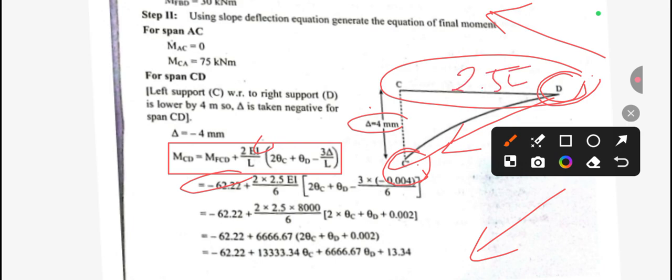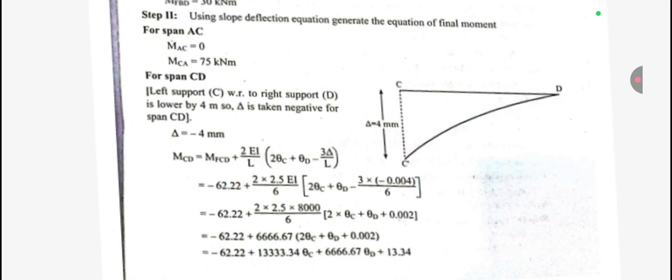So we will take 2.5 EI, 2 theta C plus theta D minus 3 delta. As I said to you, this is minus 4 mm, so we need to convert this into meter, it will be minus 0.004 meter. And finally we get the value of MCD, this one. So this is our equation number 1.